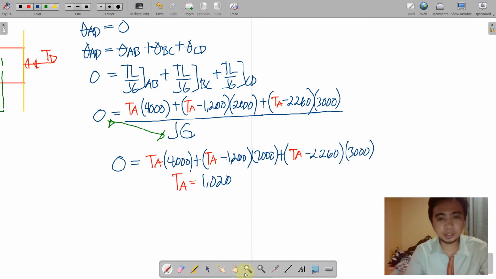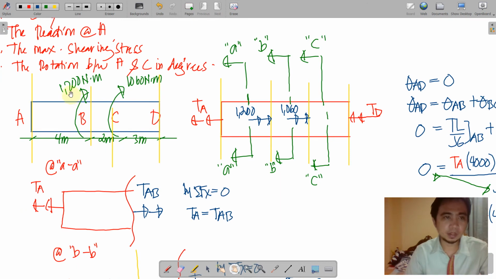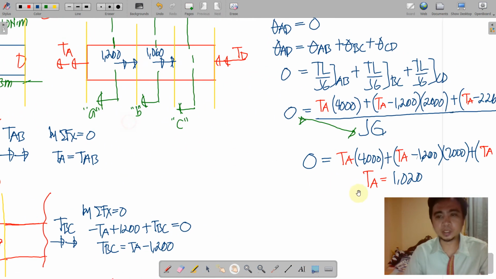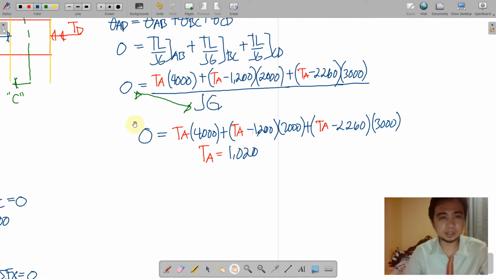So the answer here is 1020. And what will be the unit? So we refer to the problem. If this is the given here, we adopt the same. We have not converted this into mm or whatsoever. So therefore, this will be adopted. Now, the usage of 4,000 or the distances in terms of millimeter will just cancel because we have a 0 on the left side. So it does not matter.